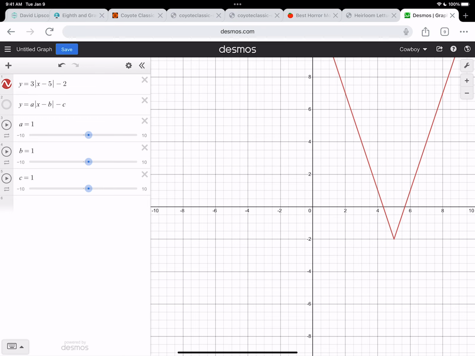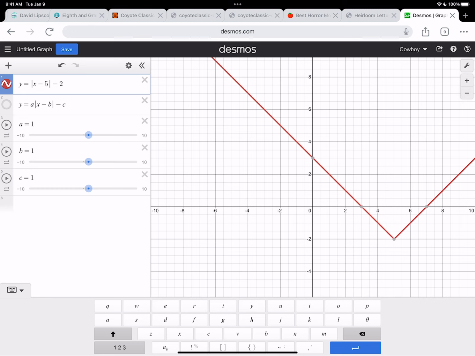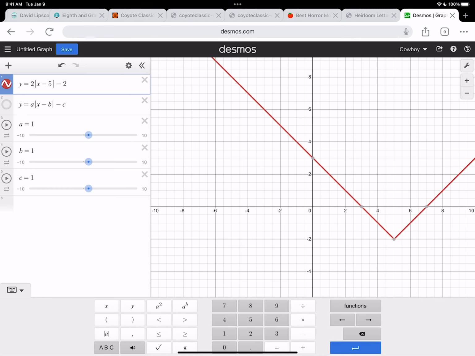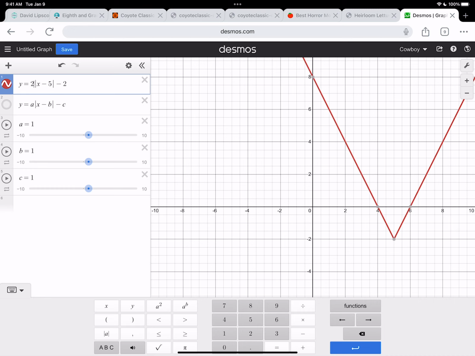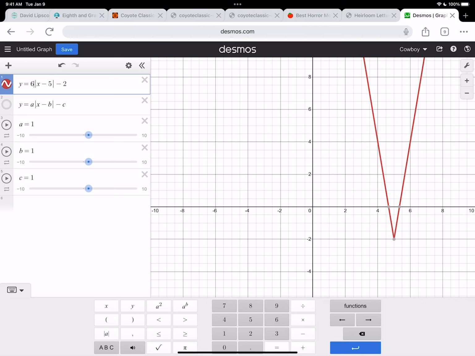Well, the 3, let's just change the number. Let's pretend the 3 was a 2. Okay, let's say the 3 is a 1. Okay, well, what do we see it doing? Let's say it's a 6.